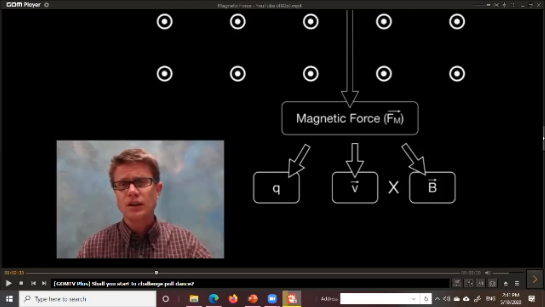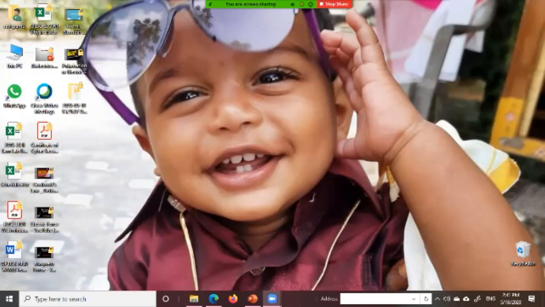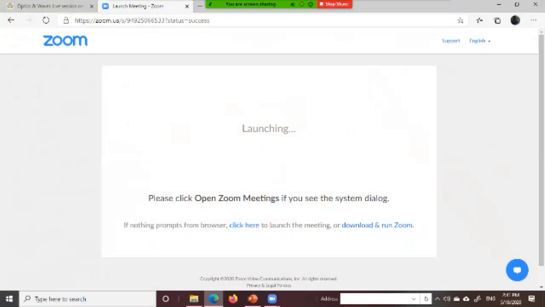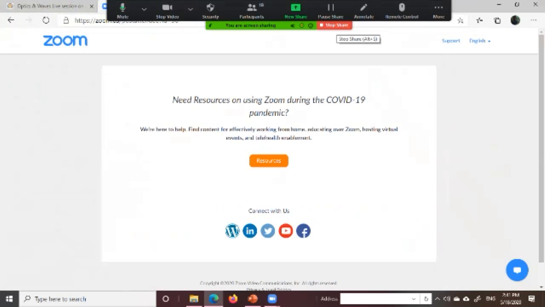Previously, we discussed electric force. Now, why are we talking about these two? When you place a charged particle in an electric field, it experiences an electric force.